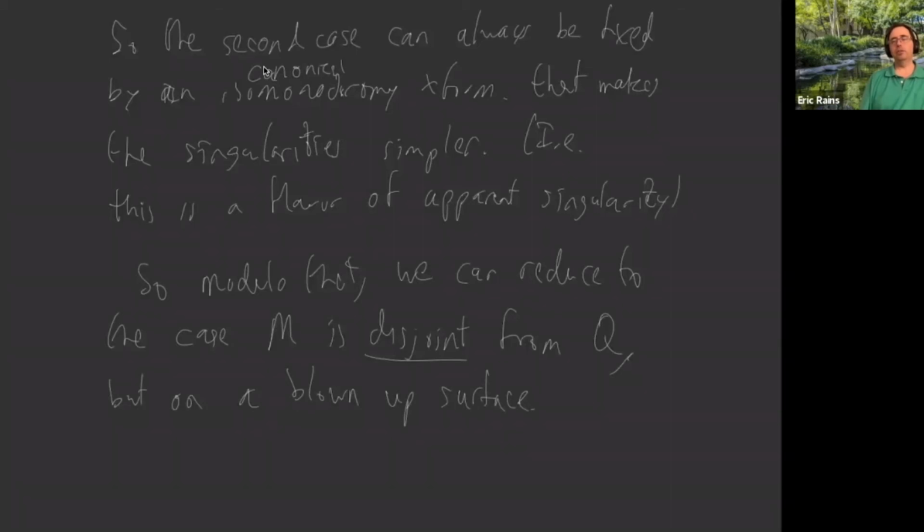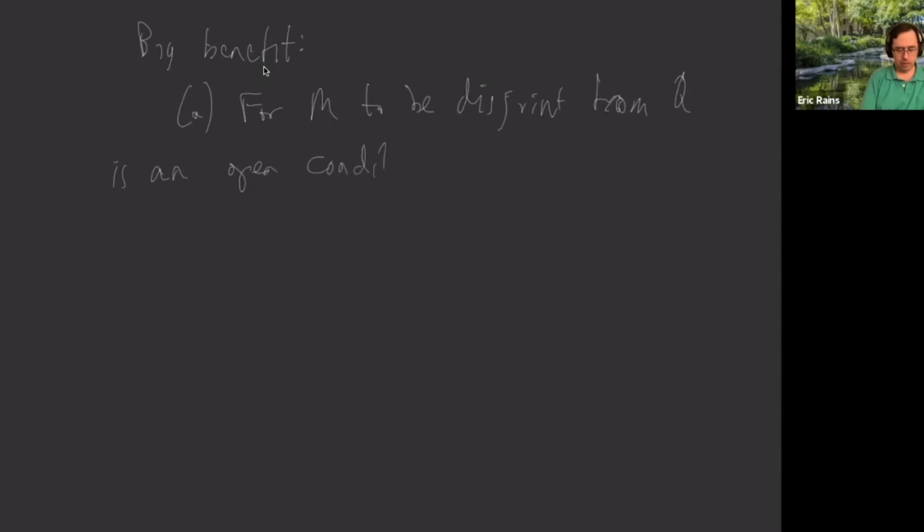Okay, so the big benefit of this is twofold. Firstly, for M to be disjoint from Q is an open condition in flat families of sheaves.